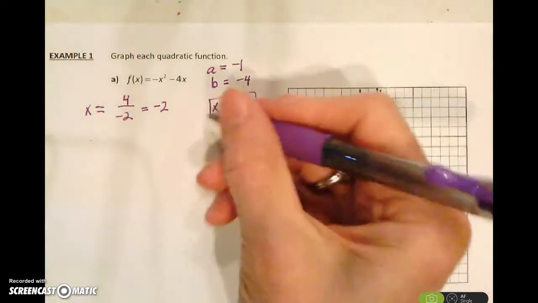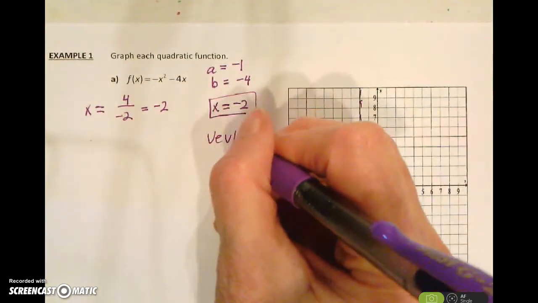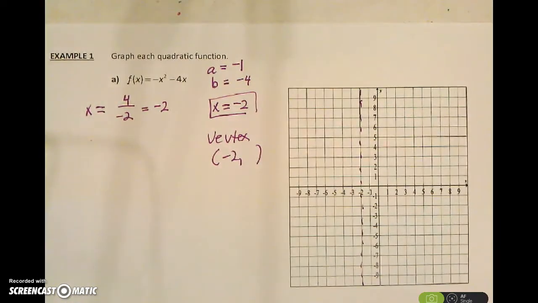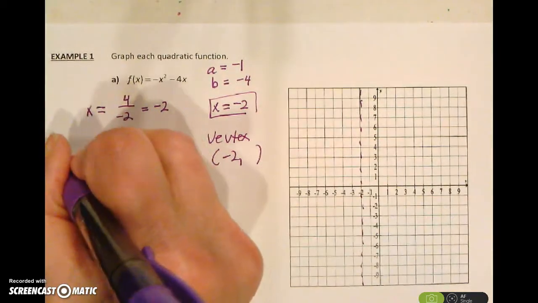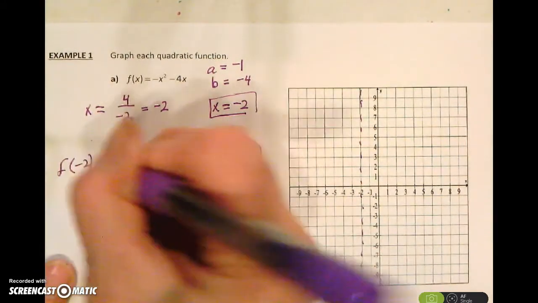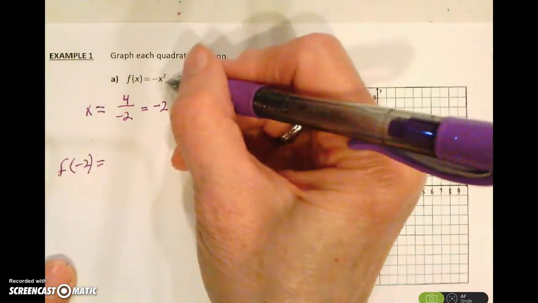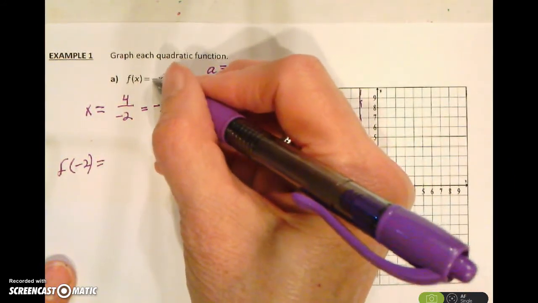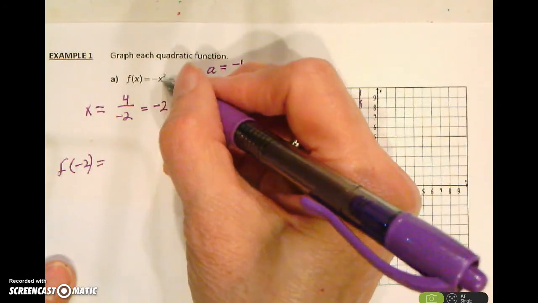All right, so we know then that in our vertex, we're going to have negative 2 for our x value. And then we need to figure out what y is. So we're going to do f of negative 2, and we're going to plug it in to our equation. So remember that this is not negative x. This is a negative 1 times x squared.